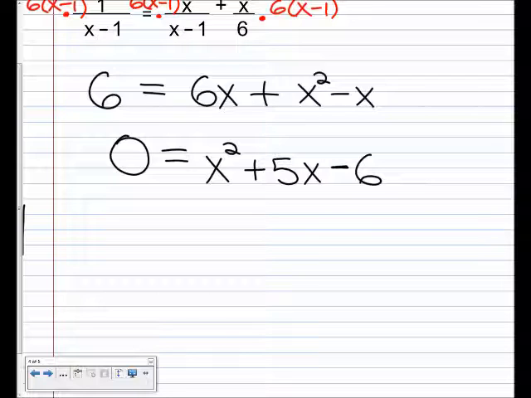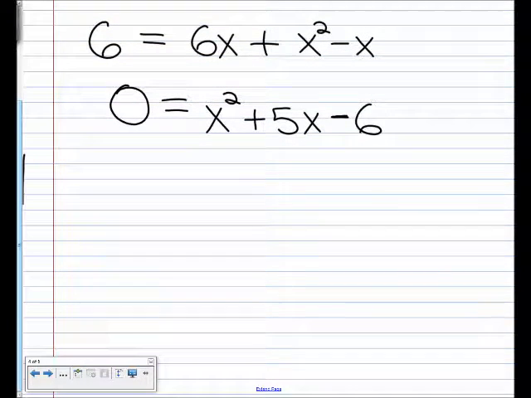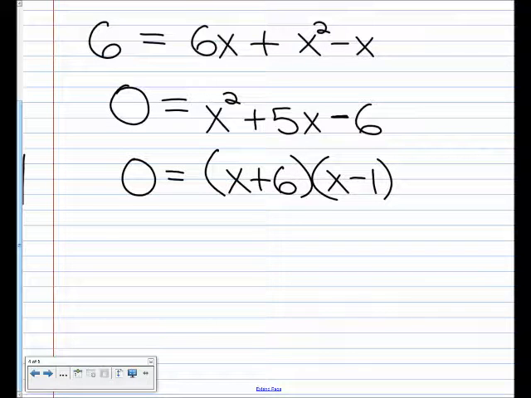Now we should factor. What are factors of negative 6 that add to positive 5? It would be x plus 6 times x minus 1. Those are the factors?